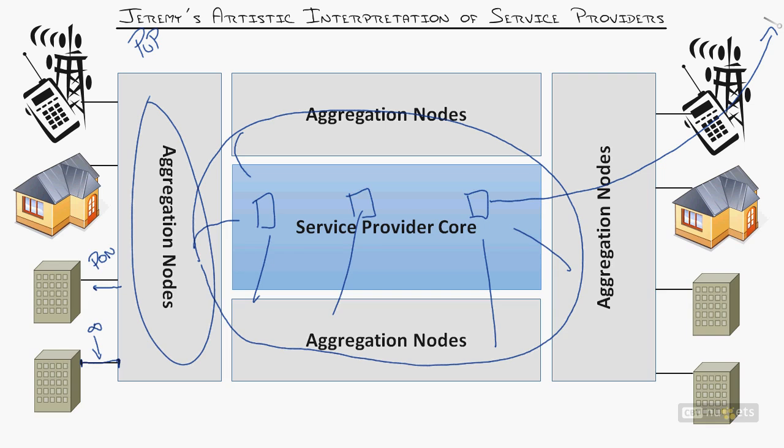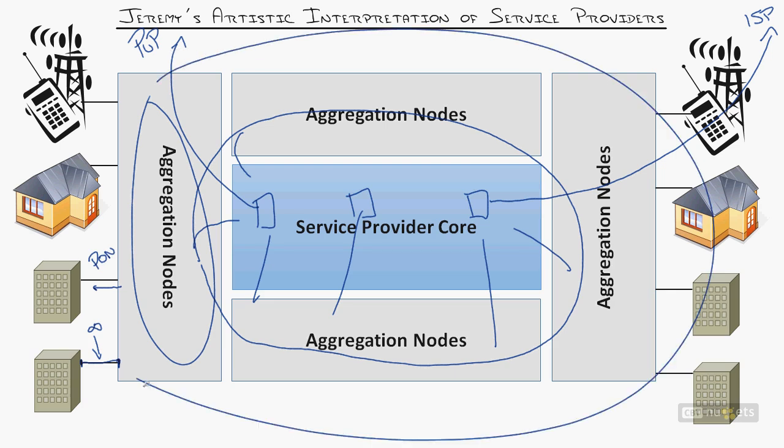Maybe this is where we uplink to other internet service providers that this service provider has a carrier agreement with, and have brought in links from them. Maybe this service provider core uplinks to other service provider cores. Essentially, this carrier maybe is a national carrier. So maybe this represents one major region, Arizona, and then it links up here to California and over here to Nevada and all these different locations where the carrier would be, and you would see the same model replicated there.